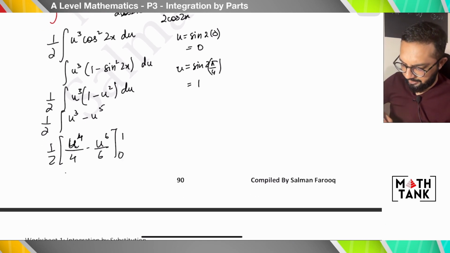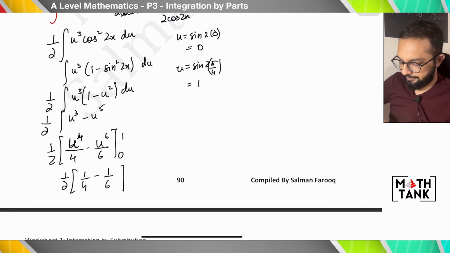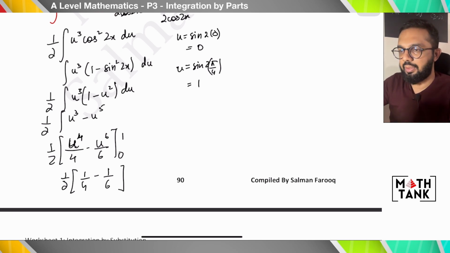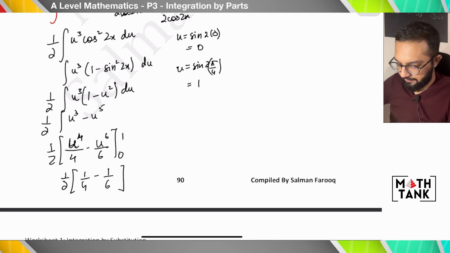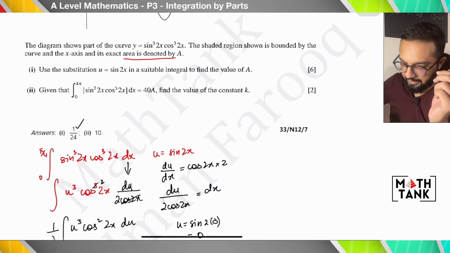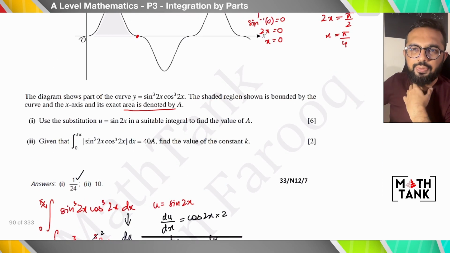So I think the 0 is useless, so I'm just going to use 1 over 4 minus 1 over 6 and put that on a calculator. 1 divided by 4 minus 1 over 6 into 0.5. It gives me 1 over 24 as my final answer. I hope that's the correct answer. Yes, it is.